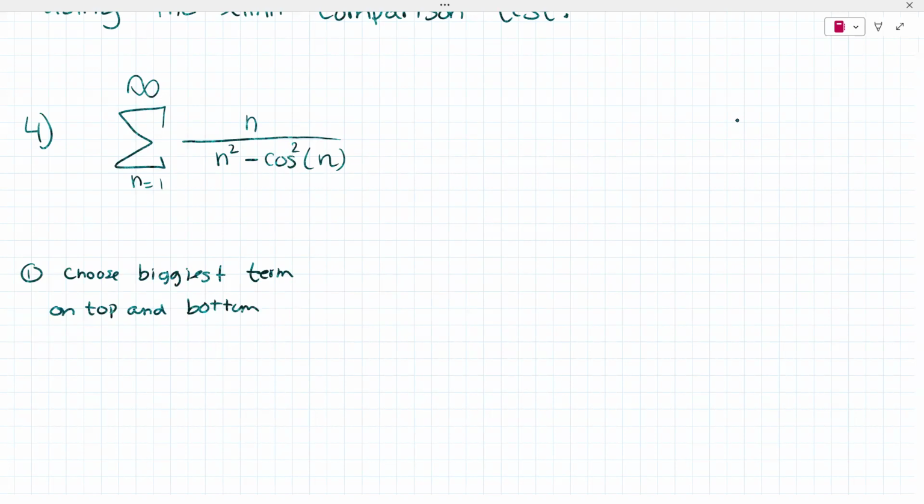So the biggest term on the top is n. The biggest term on the bottom is not cosine squared n, it's actually n squared. And if you simplify this, this is 1 over n, and we know that 1 over n is a p-series.